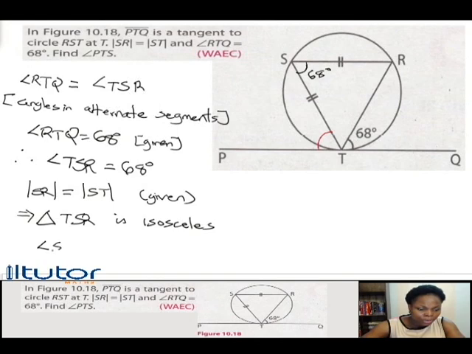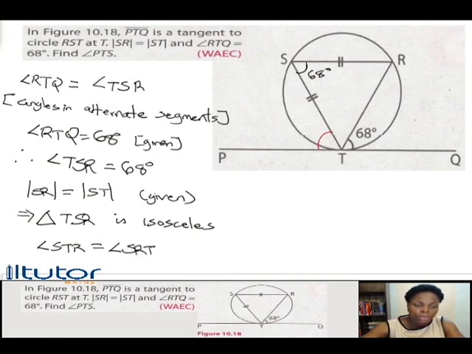If TSR is isosceles, then you have that angle STR is equal to angle SRT. Now look at angle STR. This angle right here is angle STR, and SRT is this angle right here.